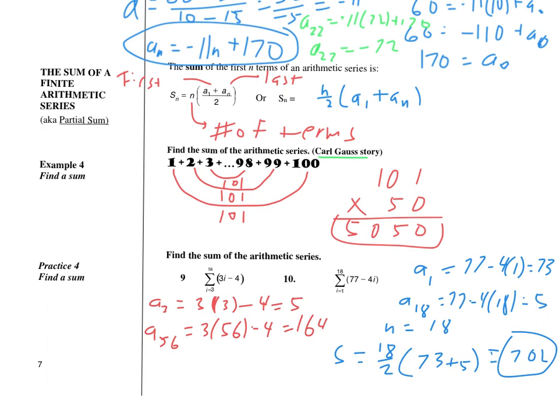Now the tough one here is n, okay? So for n on this one, most people would think it's 53. I'm actually going to tell you that it's 54, okay? So here's how you can always find n on a sigma.